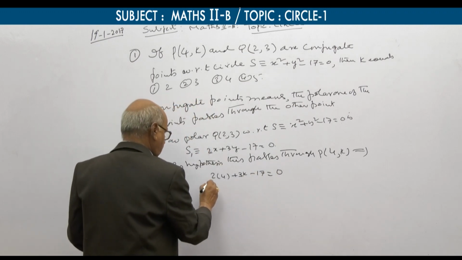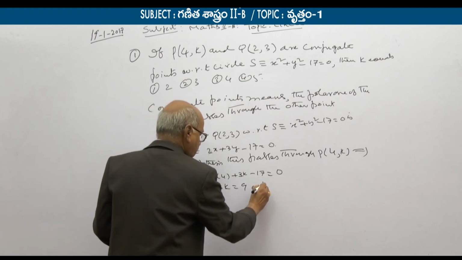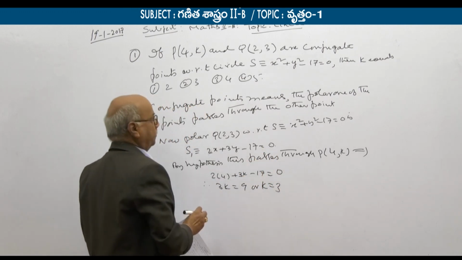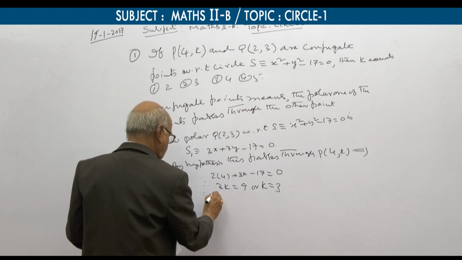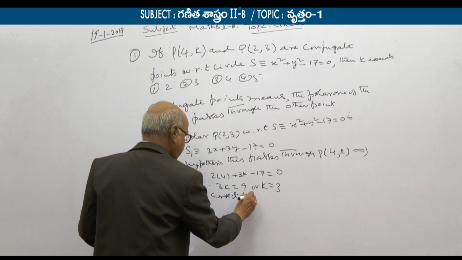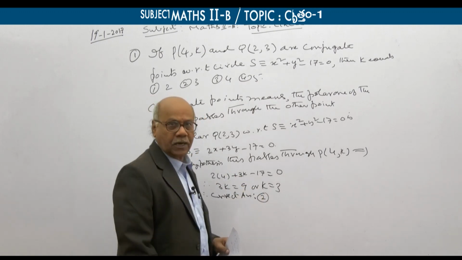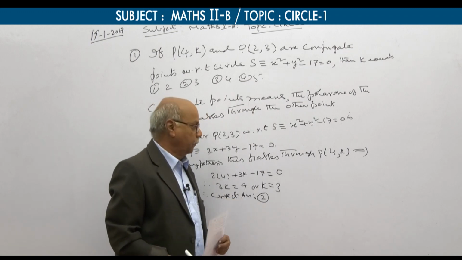So therefore 3k is equal to 9, or k is equal to 3. So the correct answer is option number 2 itself.